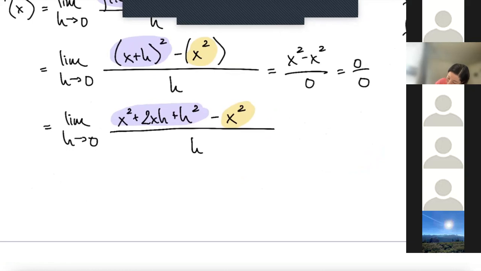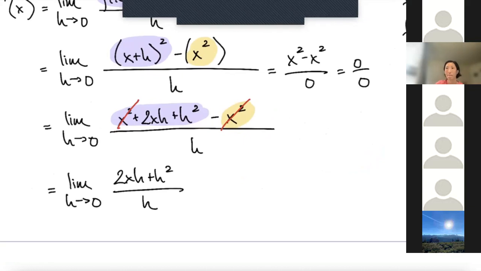So we expand a little bit. We might notice that this positive x squared and that negative x squared cancel. And what do we get? 2xh plus h squared over h. Okay. Now, here's a good clue that you're headed in the right direction.